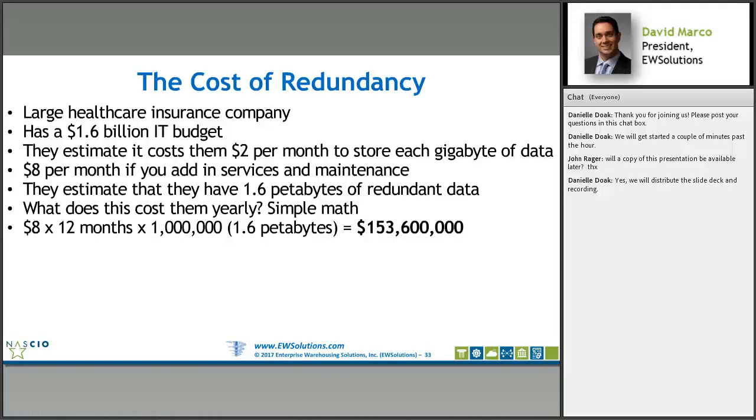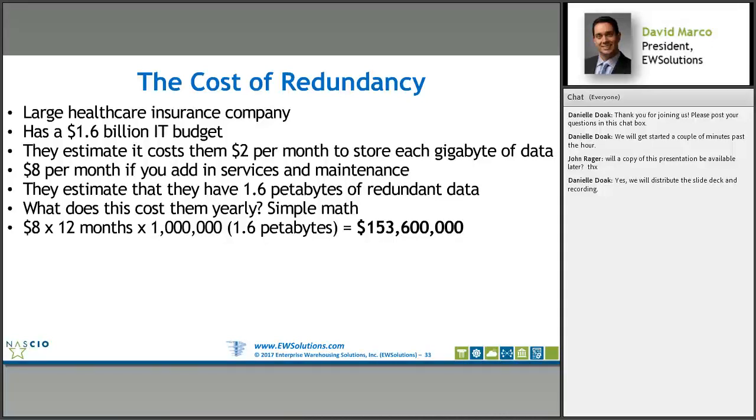But what I would challenge you is to think about this, is there's a number above and beyond this 153 million. It's a bigger number, but it's harder to measure. And that is that people are using this redundant data. And that's a challenge we have in our state agencies. All these different satellite applications and different analytical engines that people have built that we may not even know about, they're actually using to make decisions.